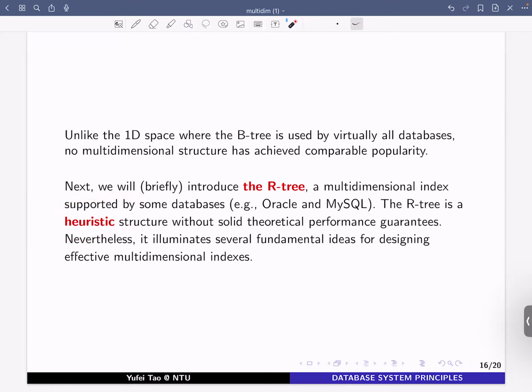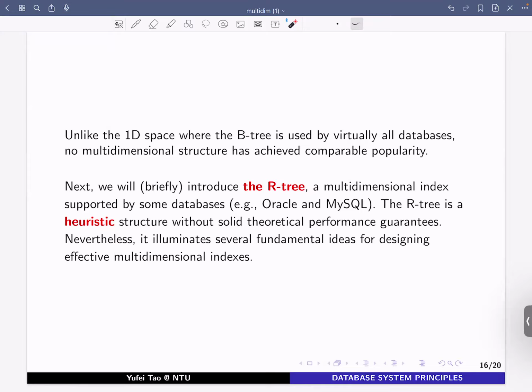Okay, so in the rest of the lecture, I'm going to very quickly talk about a data structure known as the R tree. This is a heuristic data structure, which means the only thing you can prove about it is that its space consumption is linear, but there's nothing else you can prove about it. So from a theoretical perspective, you cannot say this is a beautiful data structure. However, in practice, it could be useful.